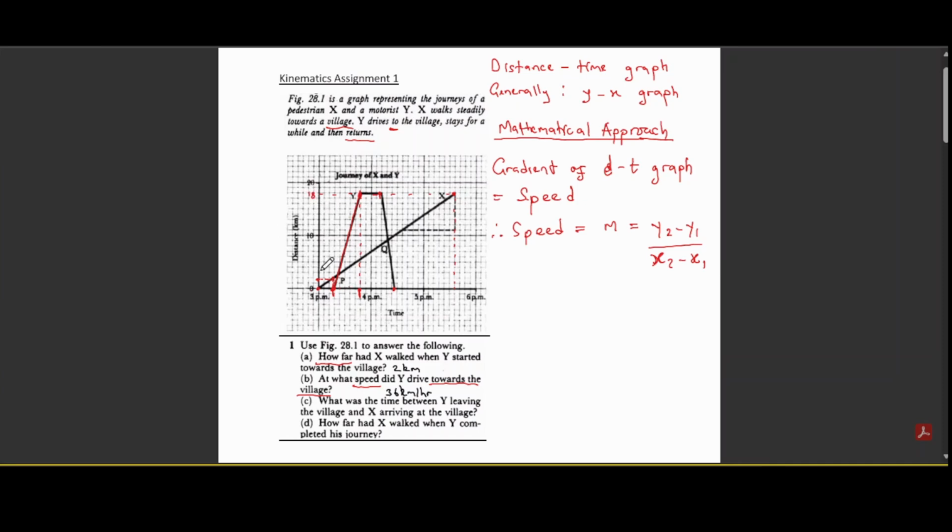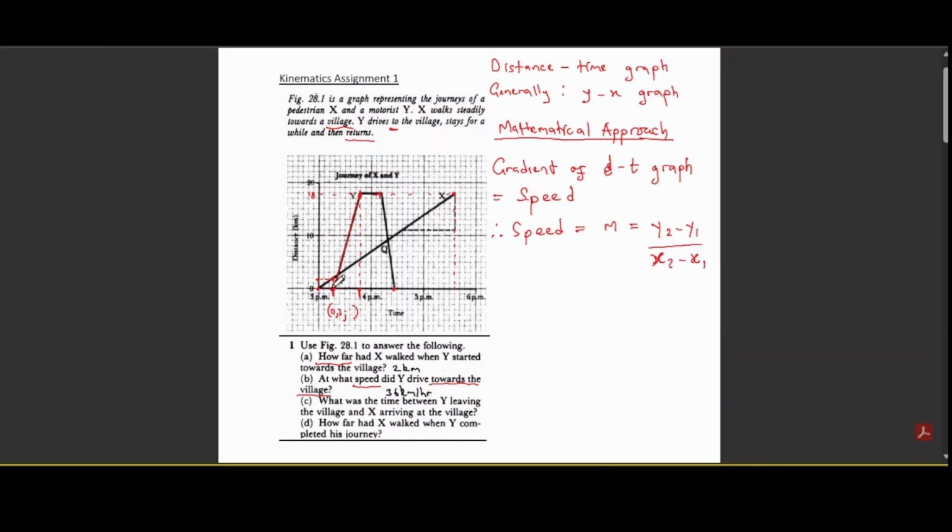Okay. The points on our graph are Cartesian points, x and y. So the x value here at this point, since we want to use hours not minutes, is 0.1, 0.2, 0.3, so it is 0.3.